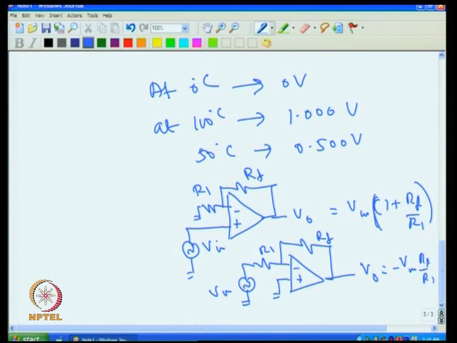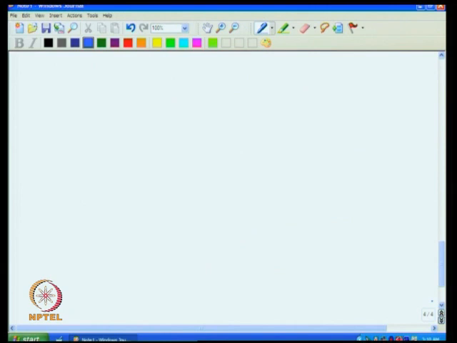This also you have studied. Now, we also know the operational amplifier can be used as a summing amplifier or to subtract voltages. So, in this application, first we will use a non-inverting amplifier and then try to get this one.